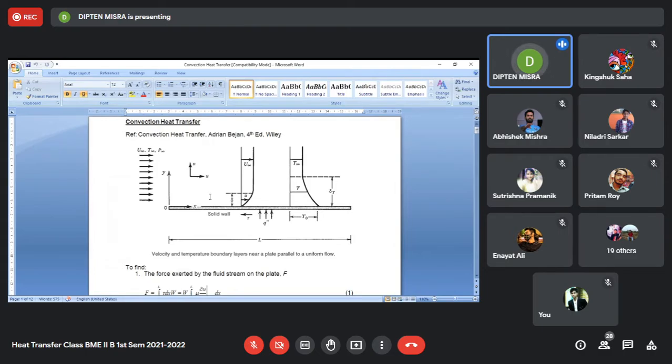But the fluid moves when it comes in contact with the plate. It picks up the heat, and because of that, the fluid becomes lighter in density, it expands in volume, so it starts moving upward. It experiences a force of buoyancy that acts against the gravitational field, and it moves upward.